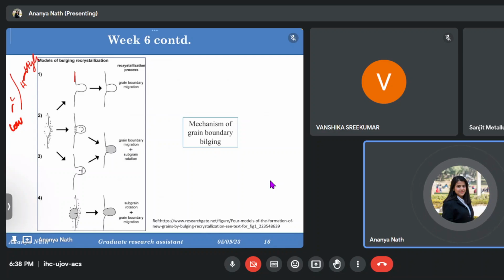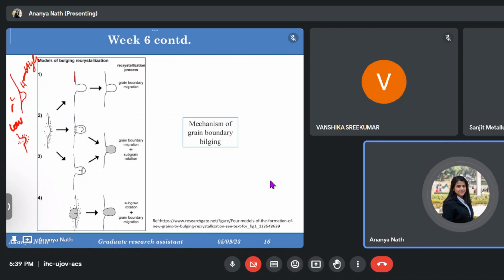So what will happen if somehow, due to the temperature increase, the dislocation movement and other causes, the boundary is bulging here? A portion of the grain boundary tries to enter into the high energy zone or high dislocation density zone. As soon as the grain boundary bulges, the dislocations will start arranging themselves very fast, because here the density is very high, although there the density is low.